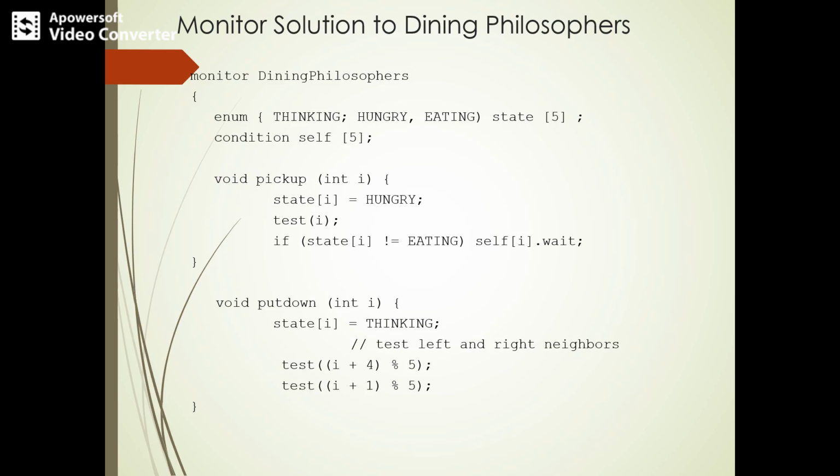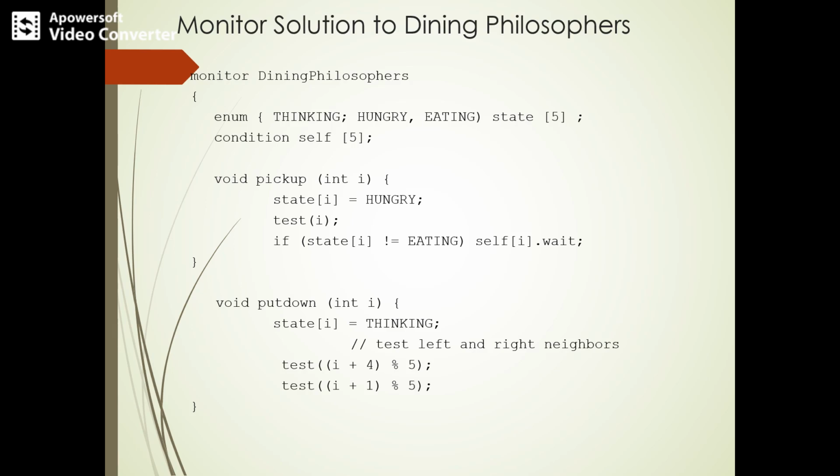That is, state of (I plus 4) mod 5 is not equal to eating, and state of (I plus 1) mod 5 is not equal to eating. Those are the immediate neighbors, maybe left hand side and right hand side. Both are not eating, so she has to test both conditions.